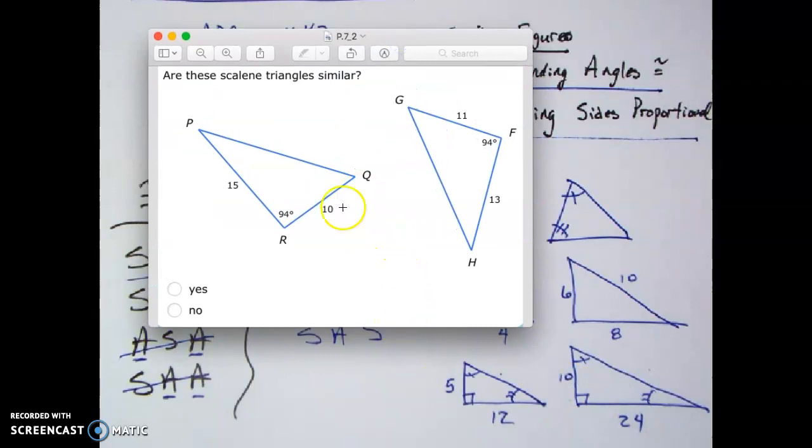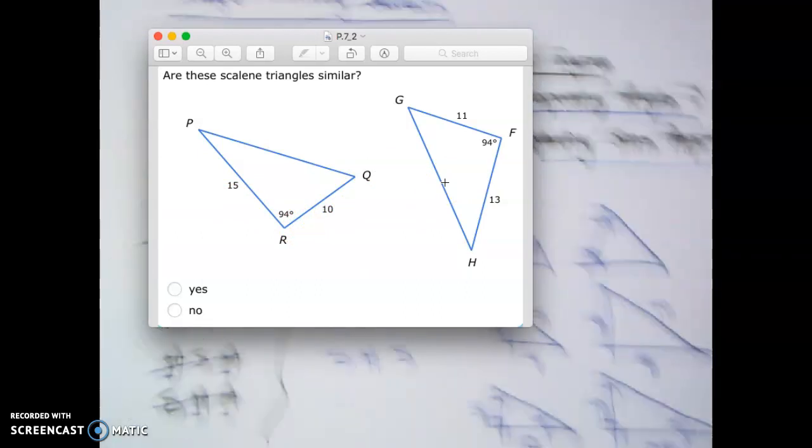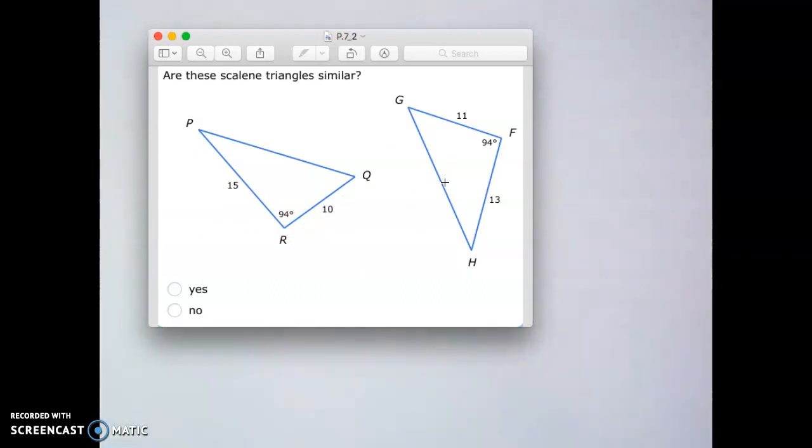So when I look at my next two examples, are these two triangles, now it tells us they're scalene, are they similar? Well, again, I have 10, and here's 11, and then we have a 94 and a 94, and then a 15 and a 13. If these sides are proportional, then that would be our side-angle-side. The thing we have to look at then is, are those two sides proportional to one another? We know that side-angle-side is one of our shortcuts, so we have that information.